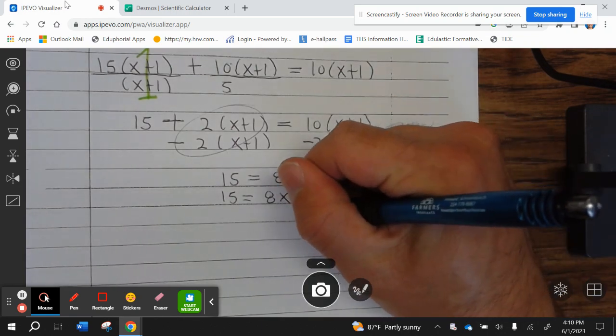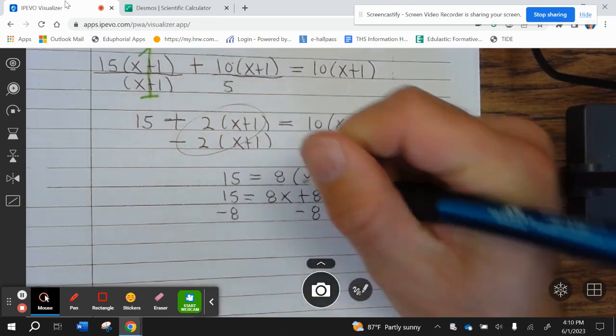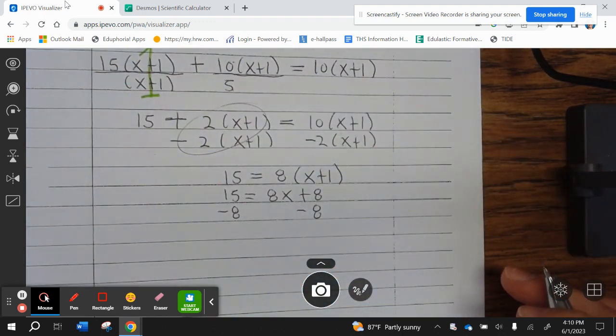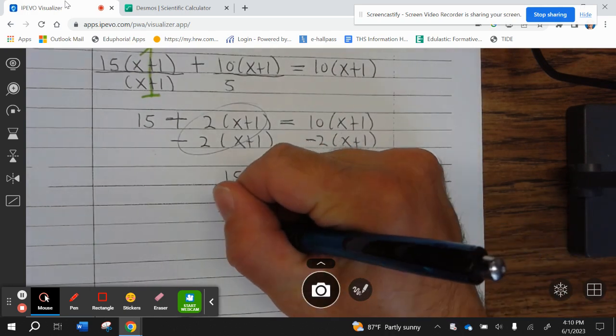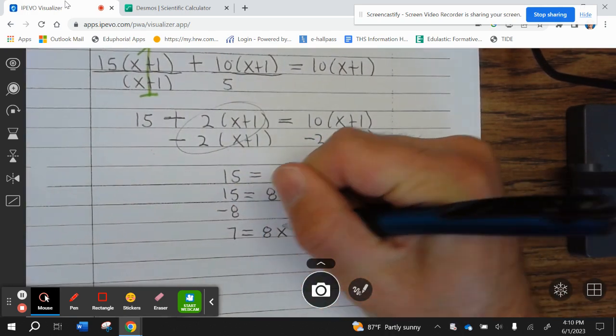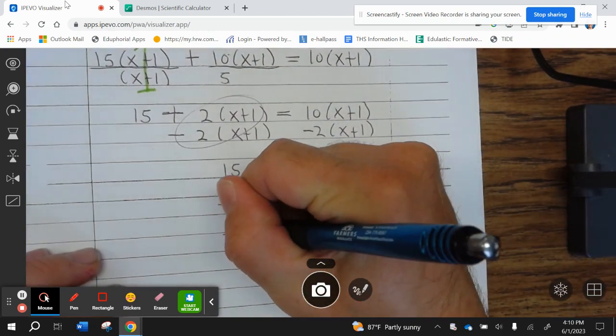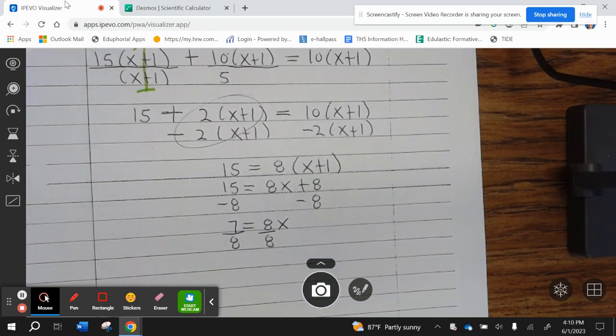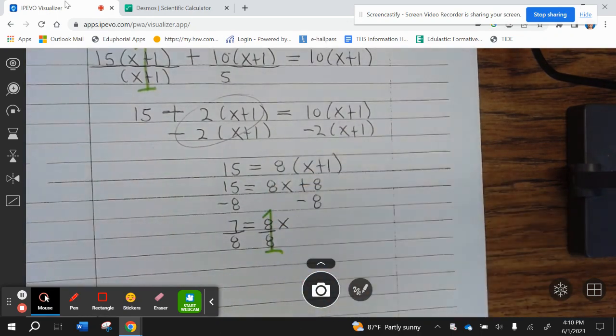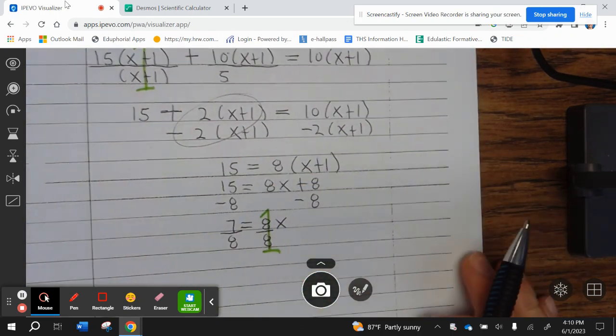Okay, we're going to subtract 8 from both sides. So you get 7 equals 8x. Divide both sides by 8. This divides becomes 1. So x equals 7 divided by 8.